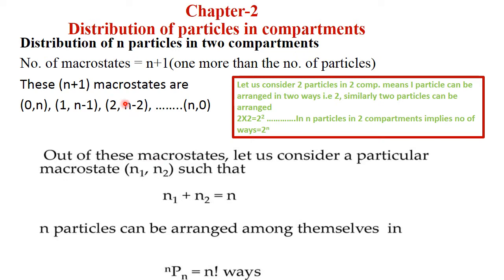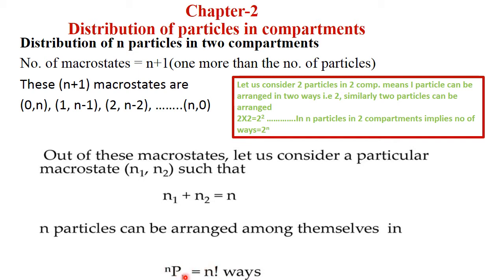Out of these macrostates, let us consider a particular macrostate (n1, n2). n1 is the number of particles in the first compartment and n2 is the number of particles in the second compartment, such that the total number of particles in both compartments is n. So these n particles can be arranged among themselves in n factorial ways.